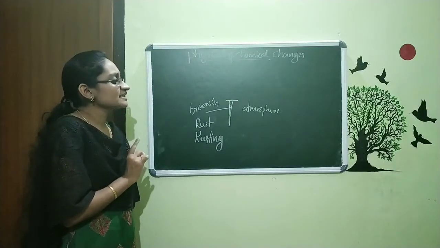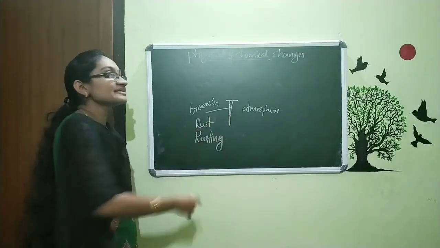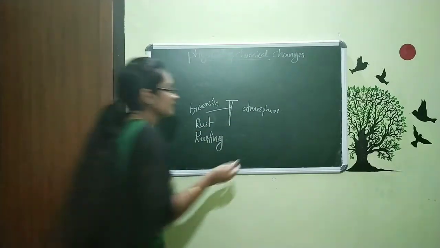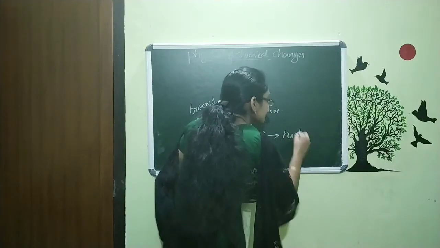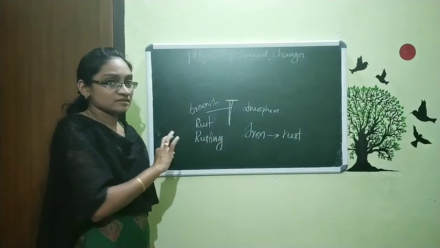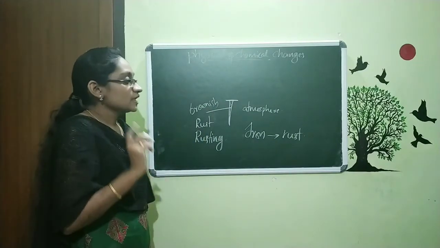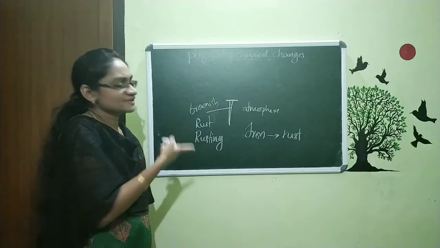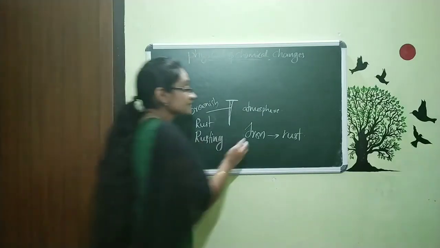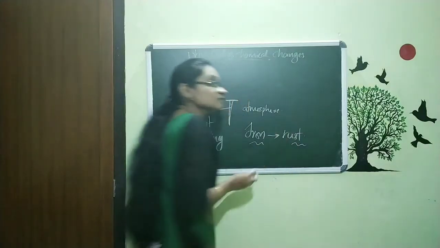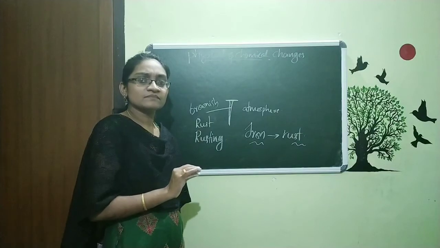Now my question is about this rust. We said that the iron nail is converted to rust. Actually, this is a particular type of change, and we are not giving it a name yet. Now my question is, is this a physical change? If it is a physical change, the iron and rust have to be the same. Are they the same?